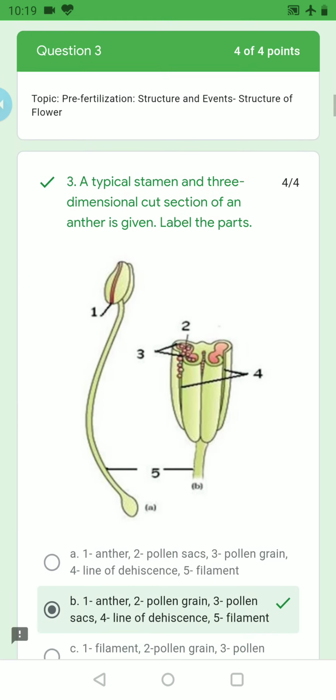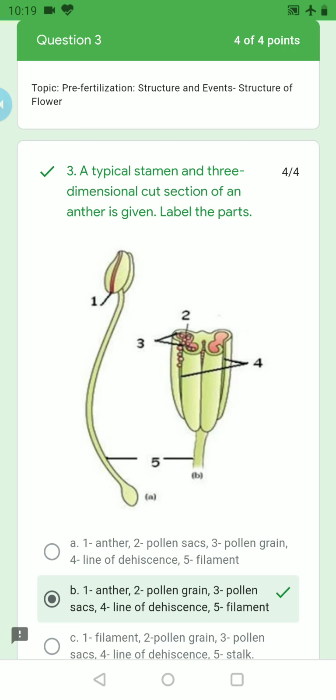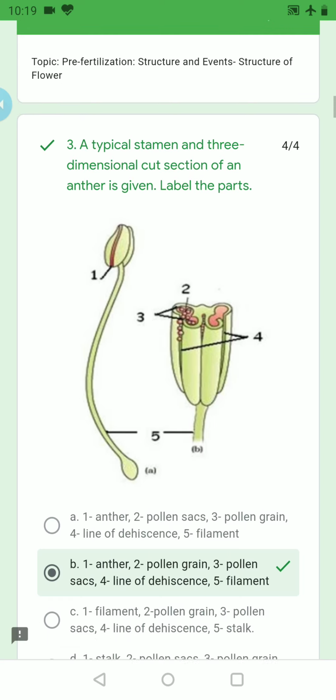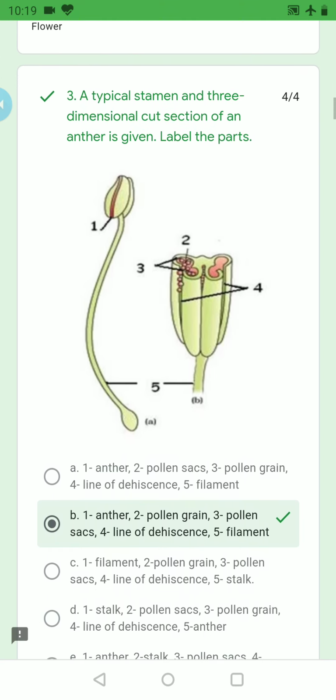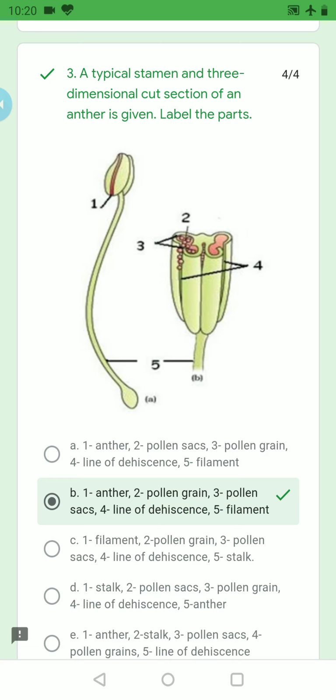The next question is again related to a typical stamen. A typical stamen and a three-dimensional cut section of an anther are given. You should identify the labels. As I said, without going towards the options, just label it so that you get it easily.